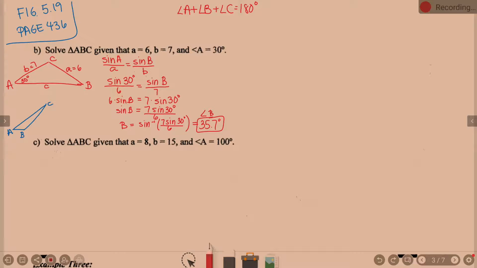So, what? 30 degrees plus 35.7 degrees plus some angle C equals 180. And angle C becomes 114.3 degrees.